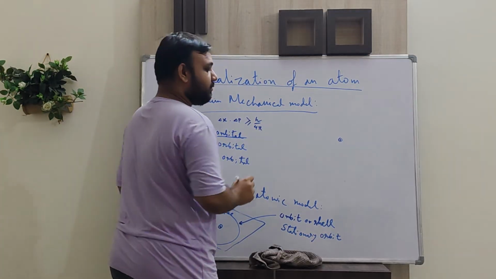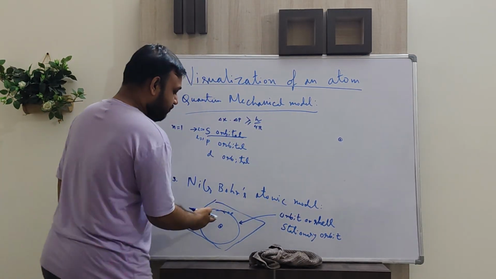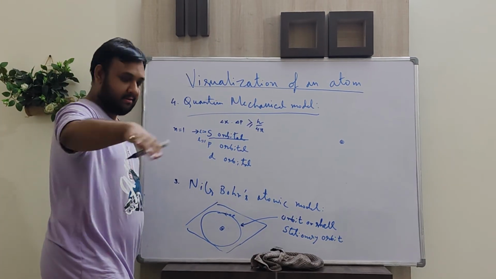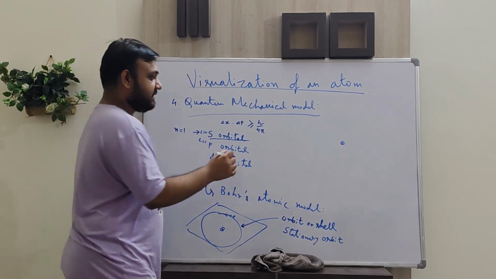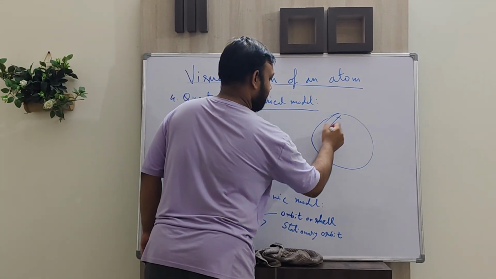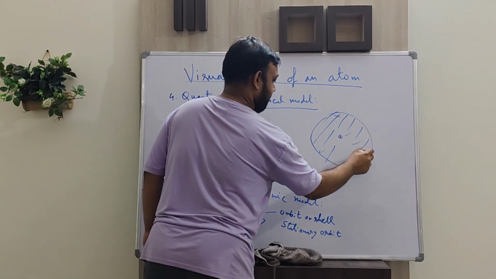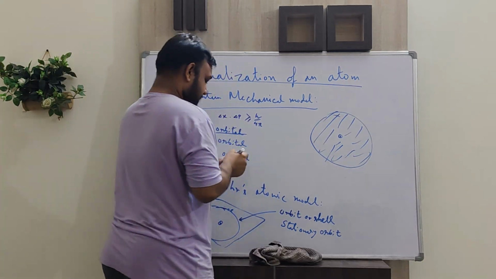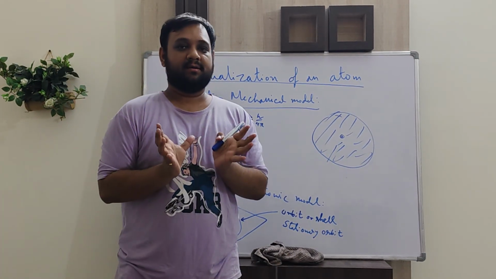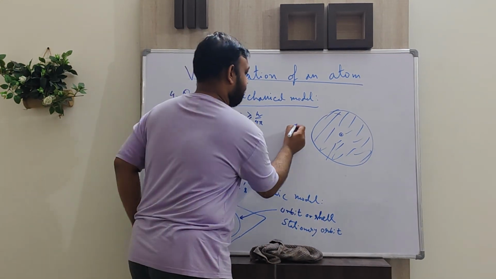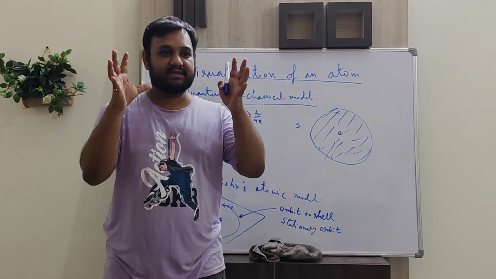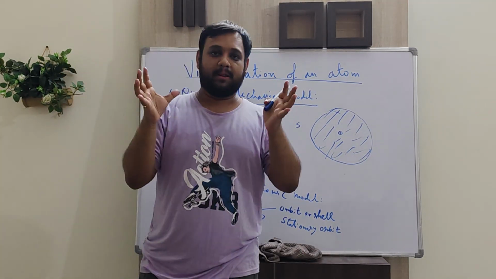So for the s orbital, last time we were talking about the electron revolving in a 2D plane outside a nucleus, but here we can think of it as a sphere. You can think of the electron as a sphere in one s orbital. What is the sphere visualization? Let's talk about a football.